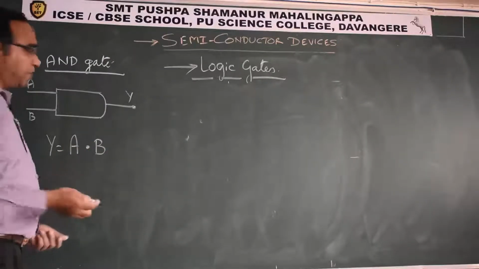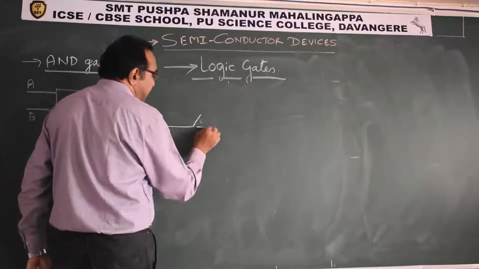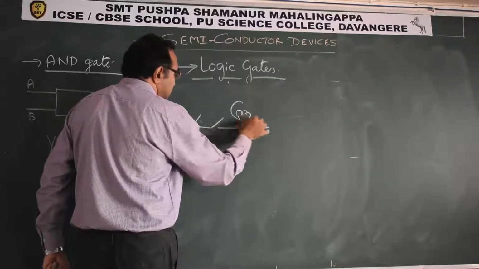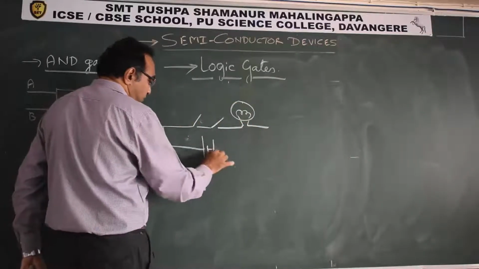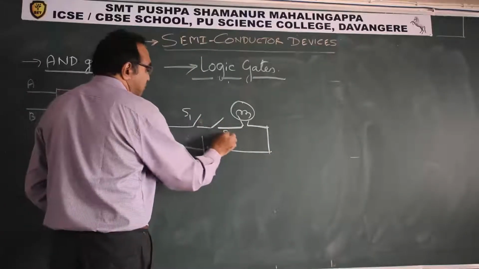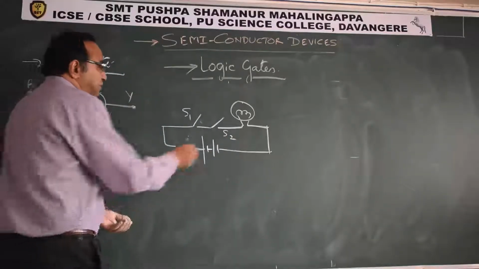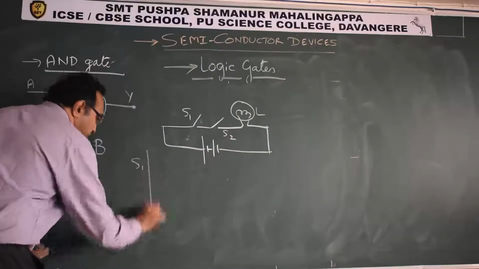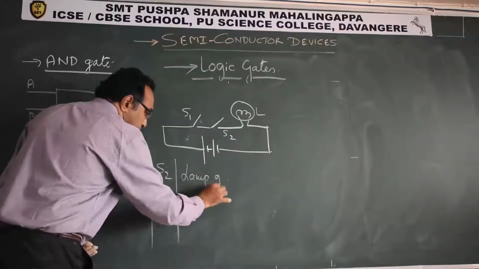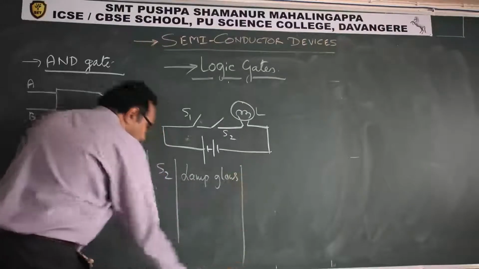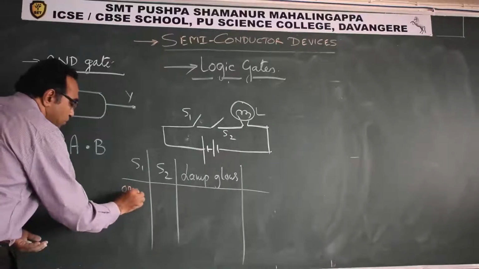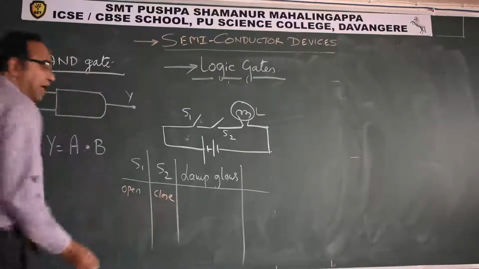Now, practically where do we see it? No problem. Just instantly I will generate one circuit diagram. Very simple. See, S1, S2, and this is the lamp. Again, make this S1, S2, and here if I say the lamp glows. If S1 is open, S2 is closed, will the lamp glow?